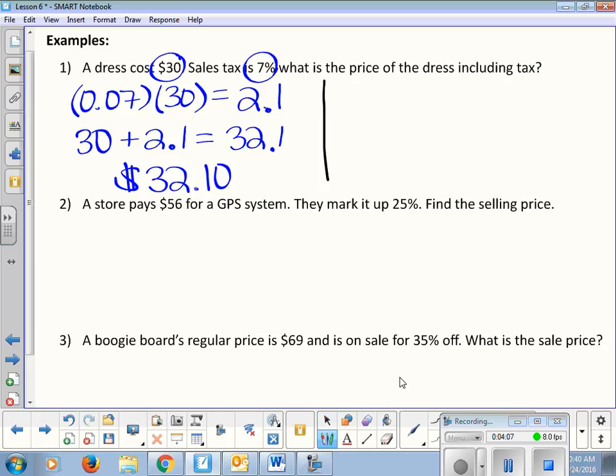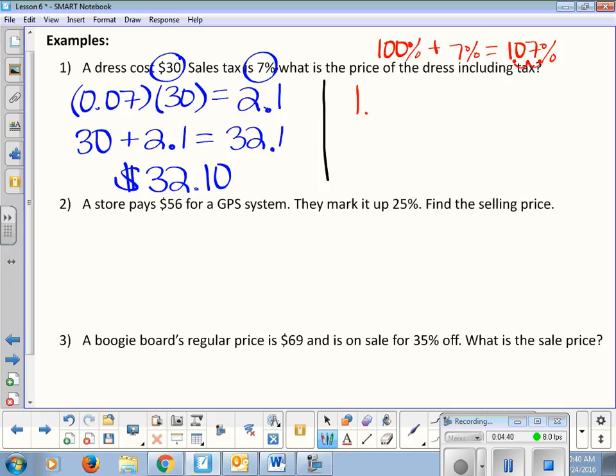There is another way to solve this. If you have a whole, percents are always out of what number? 100. So we have 100%. That's how much the dress is, $30. That's its total. And if we want to add a 7% sales tax, we add 7%. What do you get when you add these two together? 107%. How can you write 107% as a decimal? We move it 2 to the left.